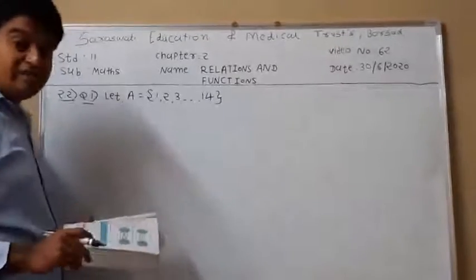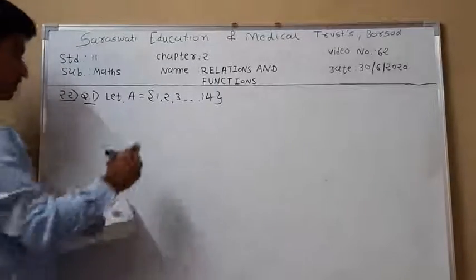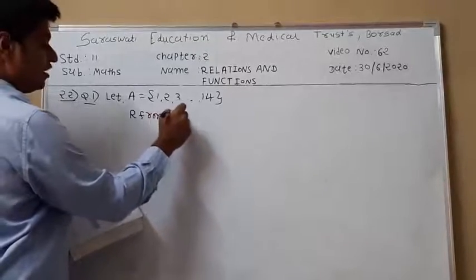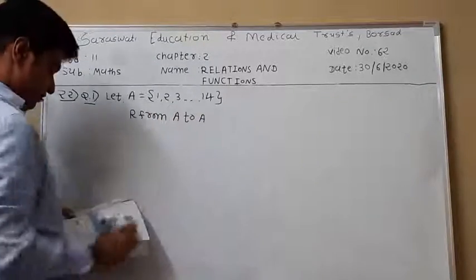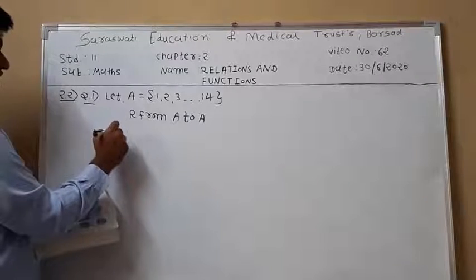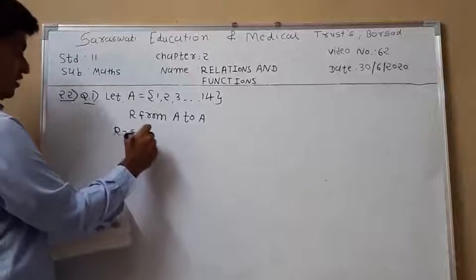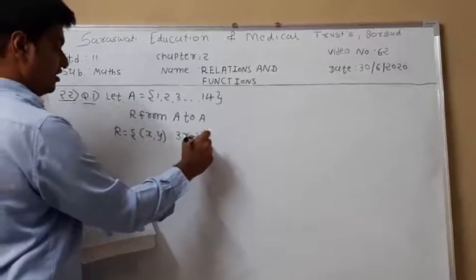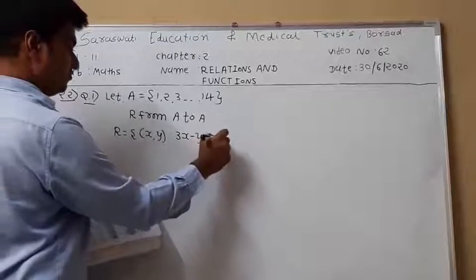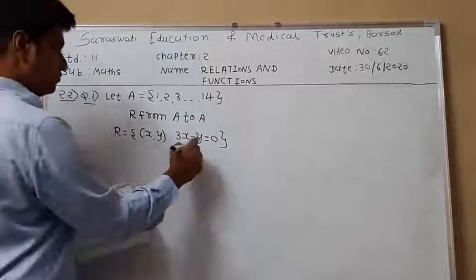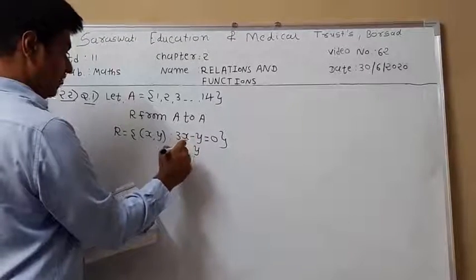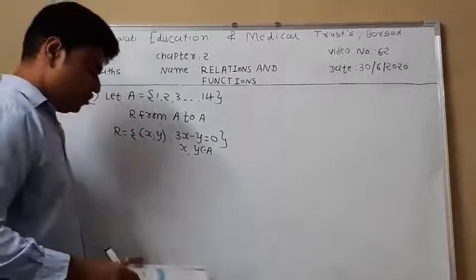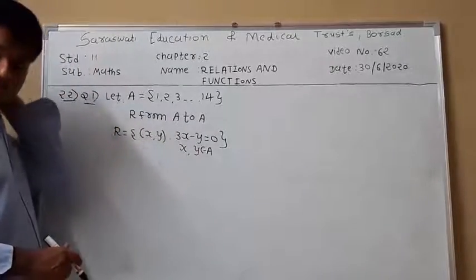Total 14 elements are present in set A. Define R from A to A. The condition is R is equal to the set of (x, y) such that 3x minus y is equal to 0, where x, y both belong to set A. Write the domain, codomain and range of this set.